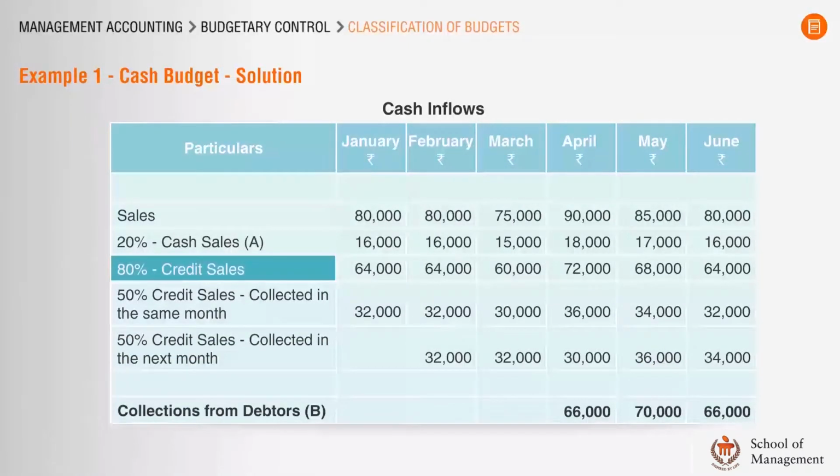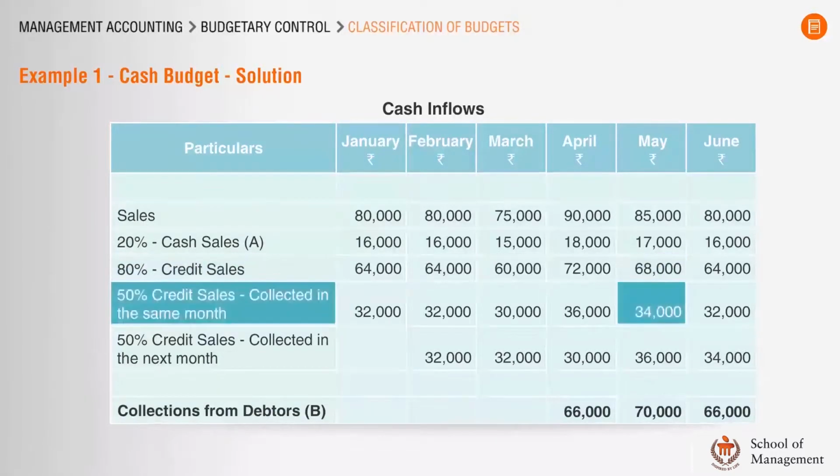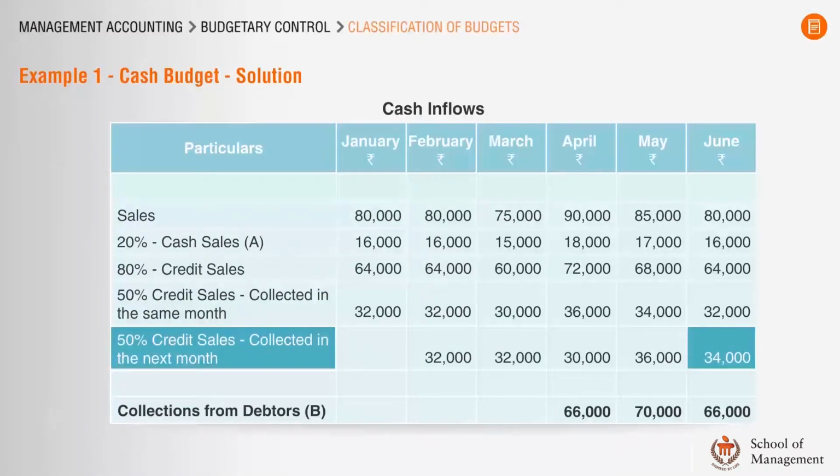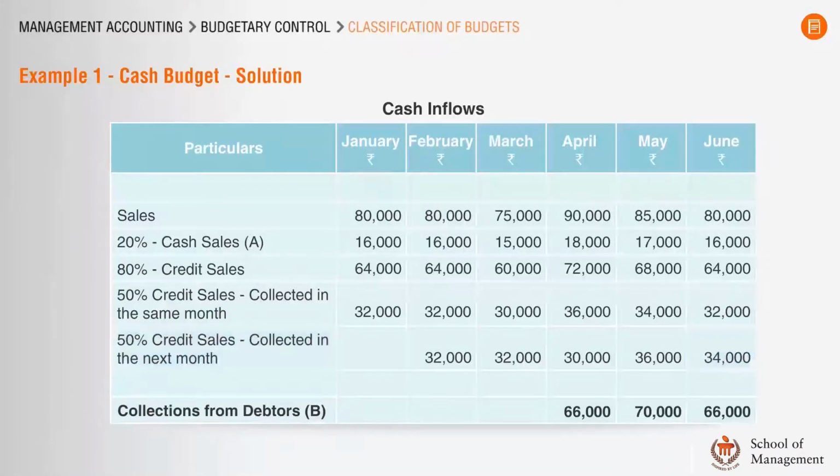Similarly, 80% of May sales, that is 68,000 rupees, would be credit sales of May. Of this 68,000, 50% would be collected in the same month and the remaining 50% cash would be collected from customers in June.